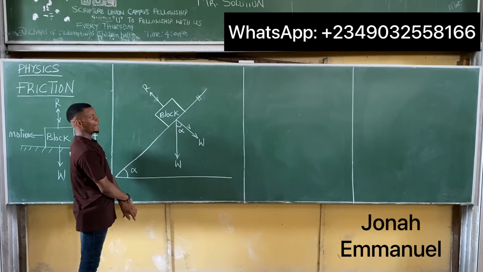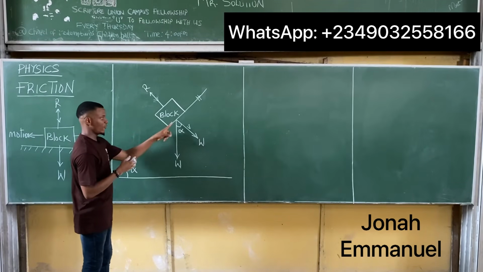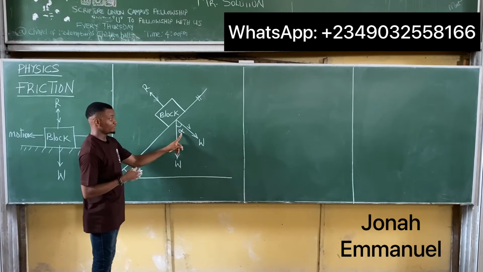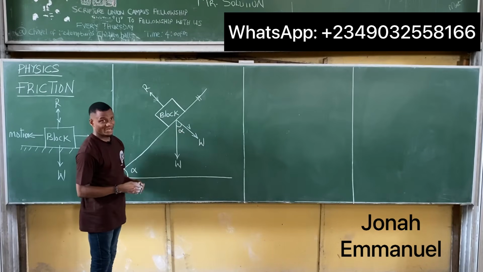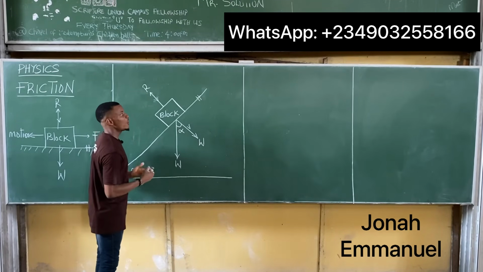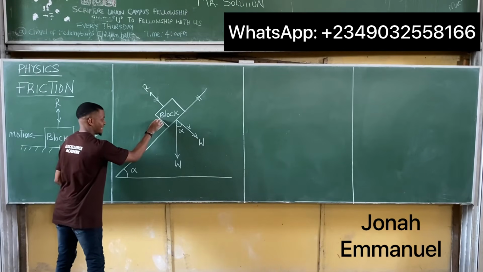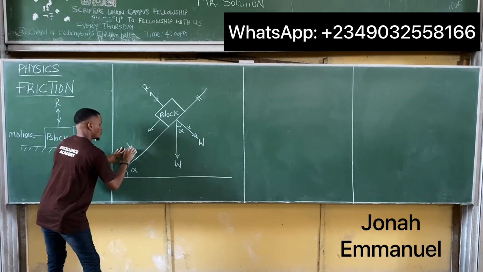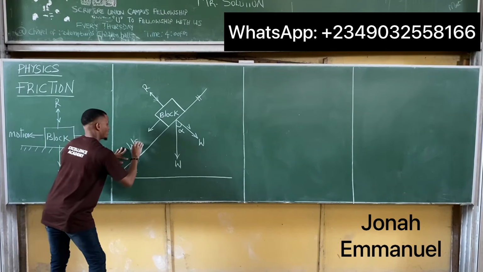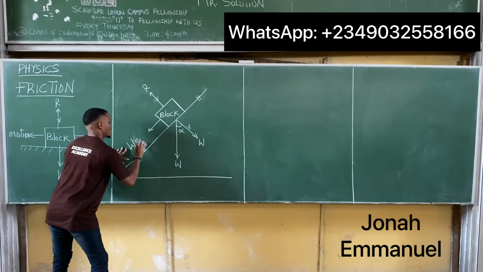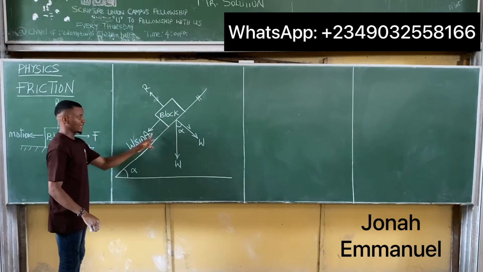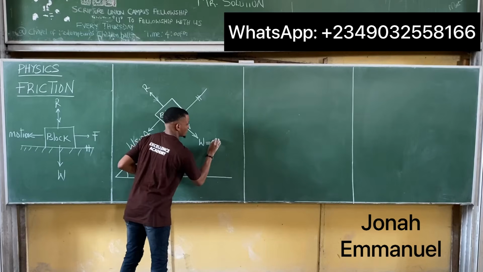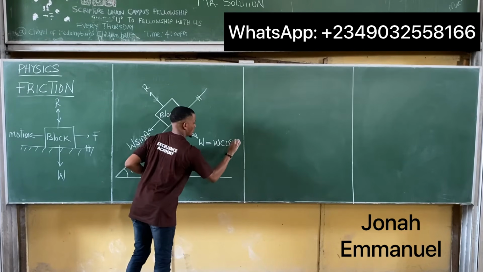Alright, so in this case, here's what to note. When a force or a vector is inclined at an angle theta, or in this case alpha, to the vertical, the horizontal component of this vector is given by W sine theta, while the vertical component is given by W cos theta.